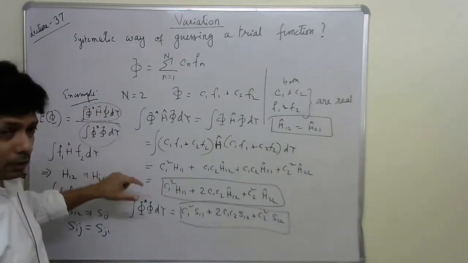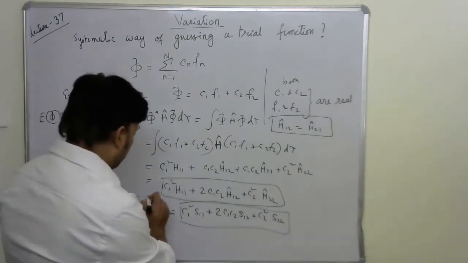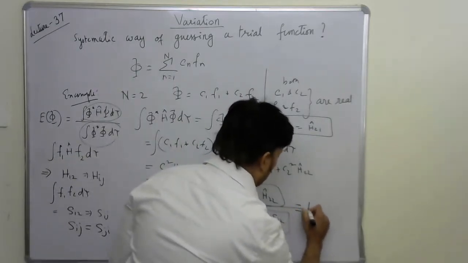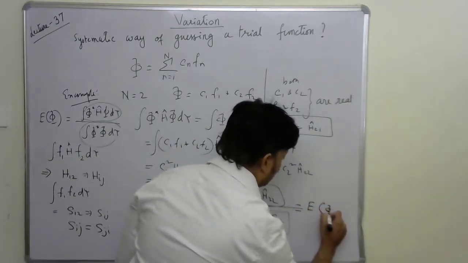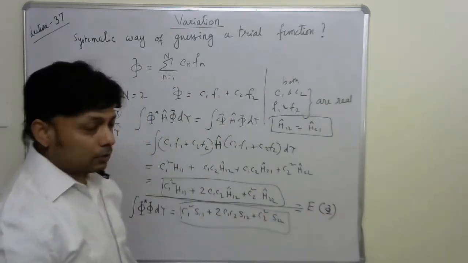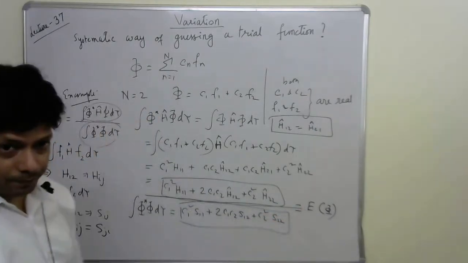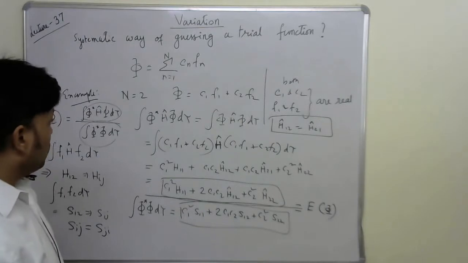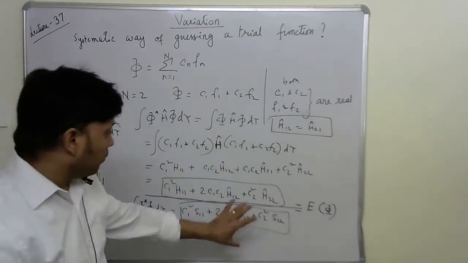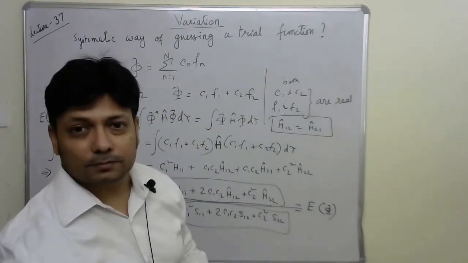That ratio is the variational energy, which is dependent on phi, so this should be E of phi, the upper bound of the ground state energy of the system. Now I have to clean the board and I will start with this equation.